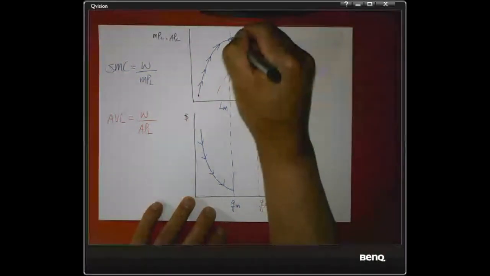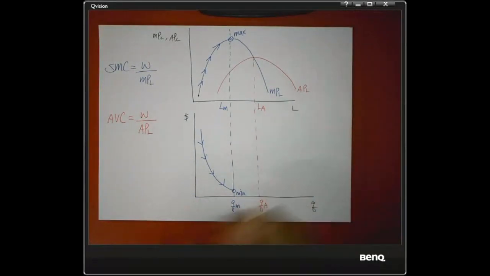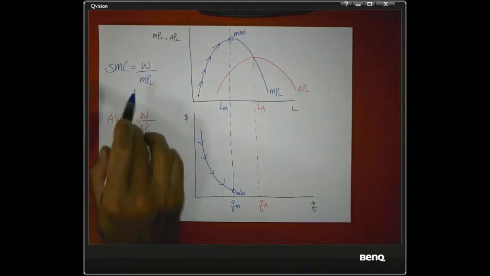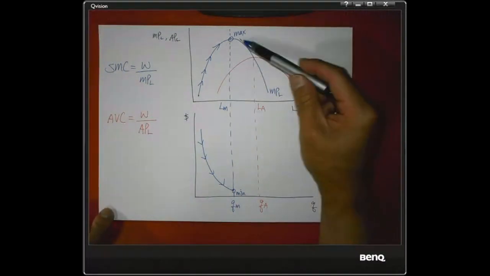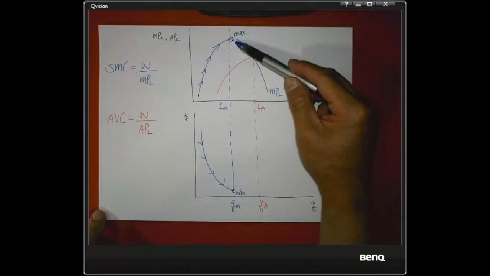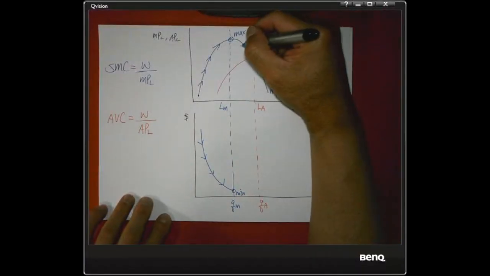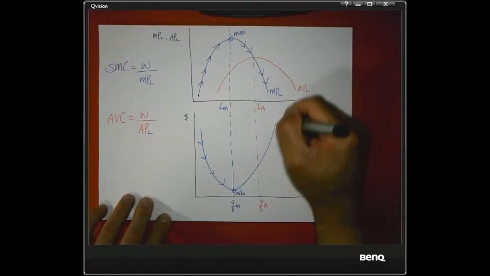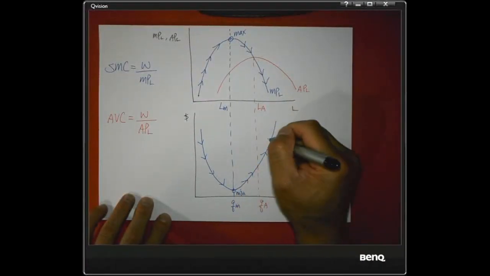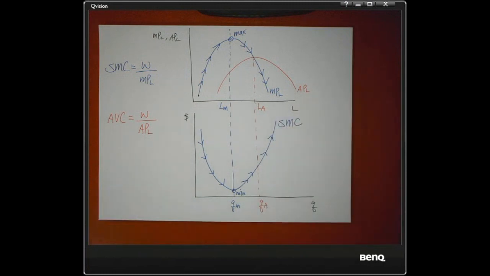So when it reaches the maximum up here, down here, it must be the minimum, because productivity and cost move in opposite directions. So when the productivity measured at the margin is maximum, then the corresponding cost must be at the lowest. And when the marginal product of labor drops, then the short-run marginal cost must be rising. So this is the short-run marginal cost curve.